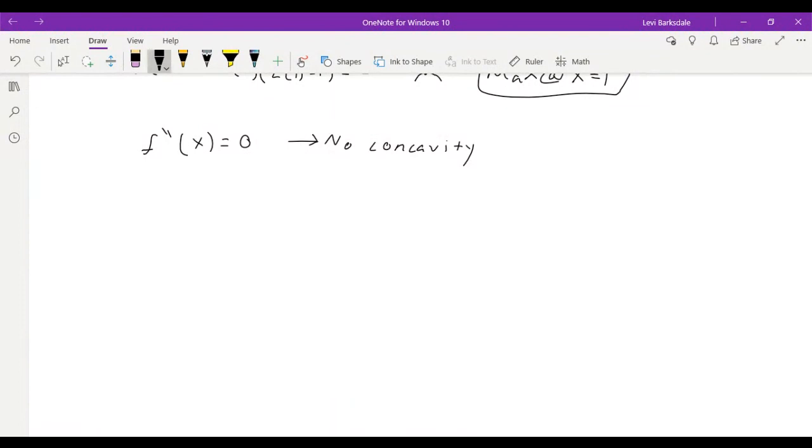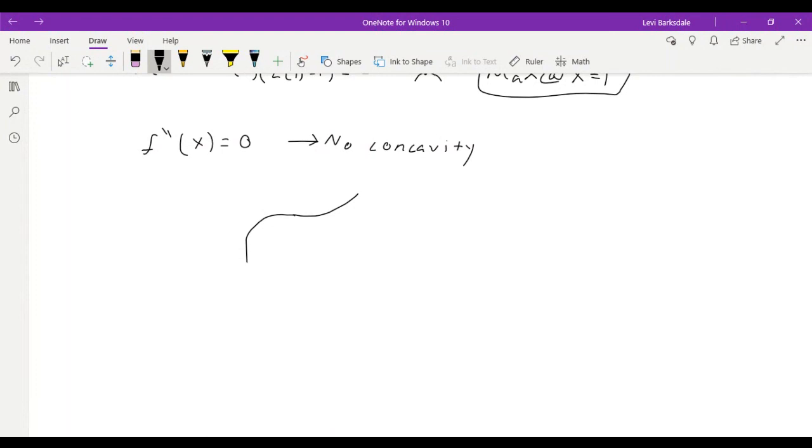It's similar to the first derivative, where it switches from increasing to decreasing in our function. Instead, with the second derivative, we just have it switching from positive concavity to negative concavity, or concave up to concave down.